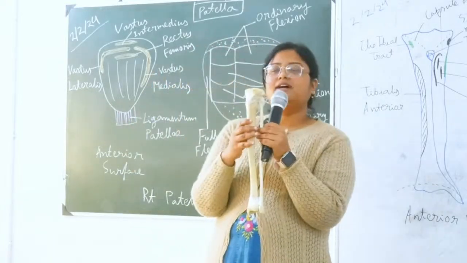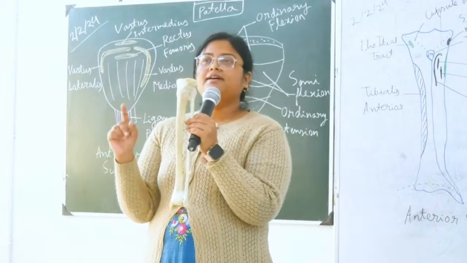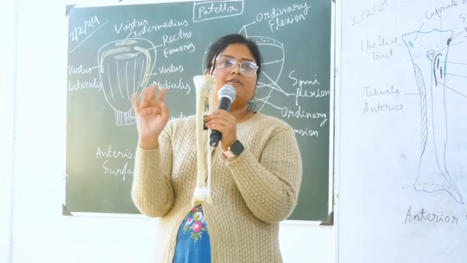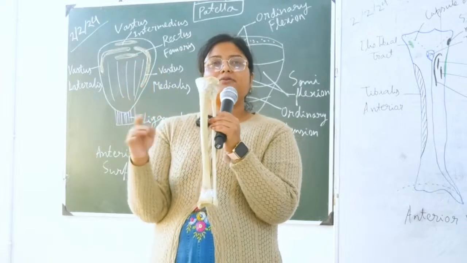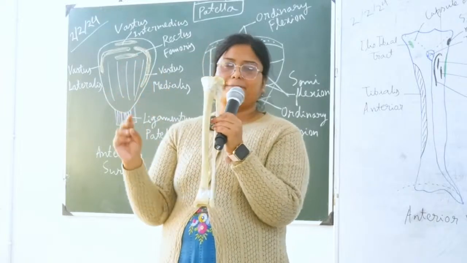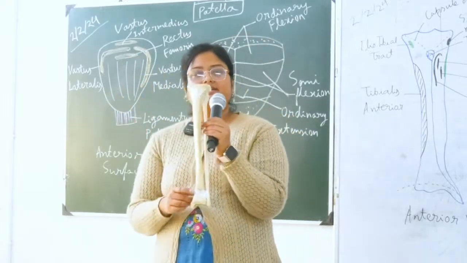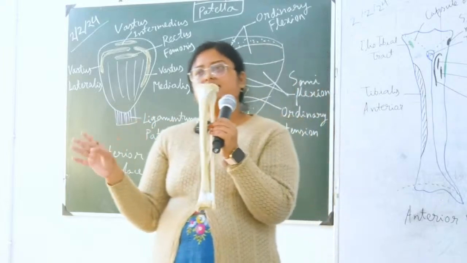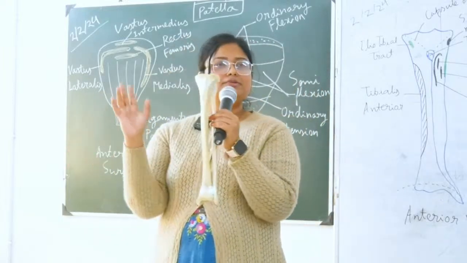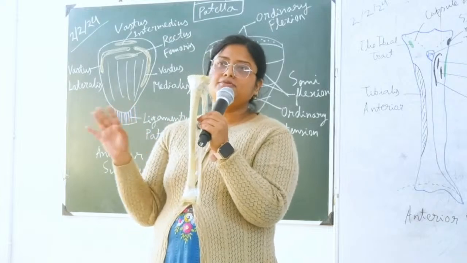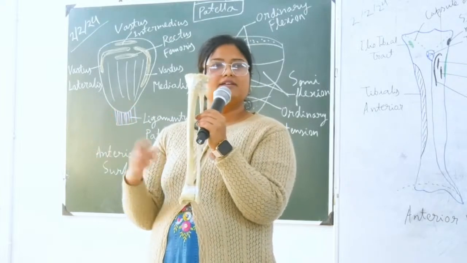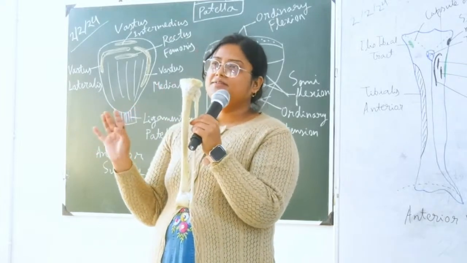The secondary center for the upper end appears at birth or within 1 year of birth, okay, and it fuses with the shaft at about 17-18 years, okay. And for the lower end, the secondary center appears at about 2 to 3 years, and it fuses with the shaft at about 15 to 16 years, okay. So this is the ossification of tibia, okay.